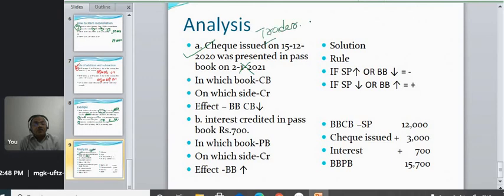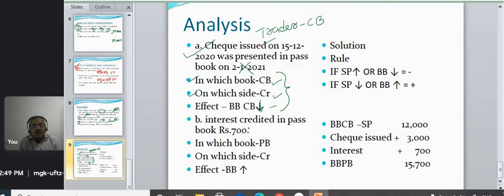Trader maintains which book? Cash book. So analysis is in which book it was entered first. It was entered in the cash book. It was entered on which side? It was entered on the credit side because money goes out. What is the effect when entry is made on the credit side? The effect is cash, BBCB, decreases. So this is analysis.